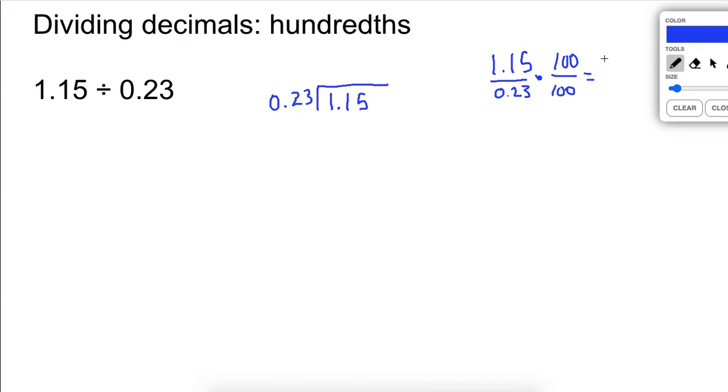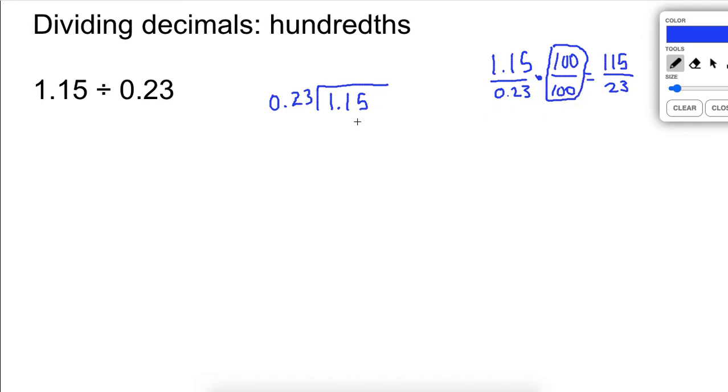We end up with 115 over 23. These are equivalent, so 115 divided by 23 is the same as 1 and 15 hundredths divided by 23 hundredths, because we just multiplied by what we call a 1. 100 over 100 is 1, so we haven't changed the value of the equation.